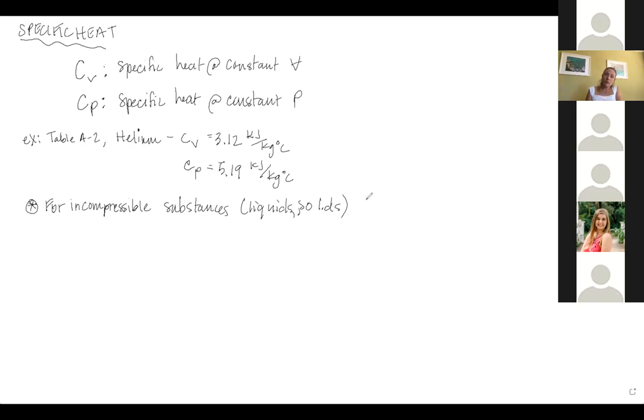For incompressible substances, our specific heat at constant pressure is going to be equal to our specific heat at constant volume. And so we drop the subscript and we just write it as specific heat, our term C. So this distinction is relevant for gases, and for everything else, we don't care about volume or pressure.